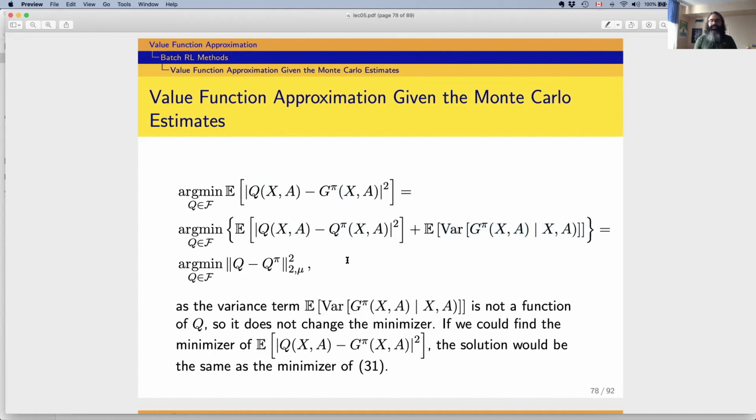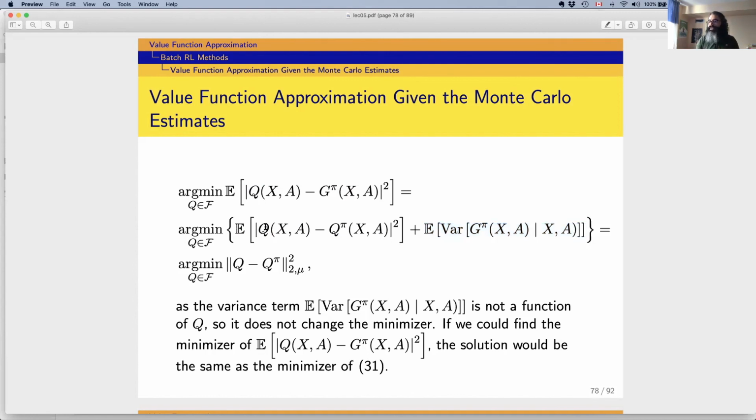The interesting thing here is that this second term is not a function of Q. It is just the variance of G pi, so it doesn't matter what Q you choose. This does not change your minimizer. It changes the value of the minimization problem, like a constant, but it doesn't change the location of the minimizer.